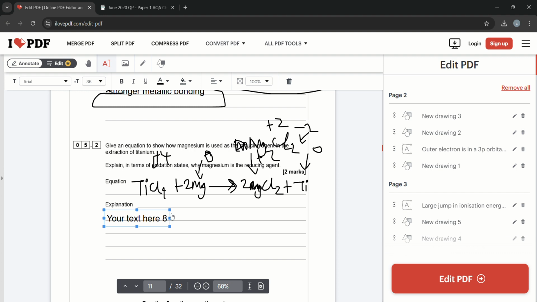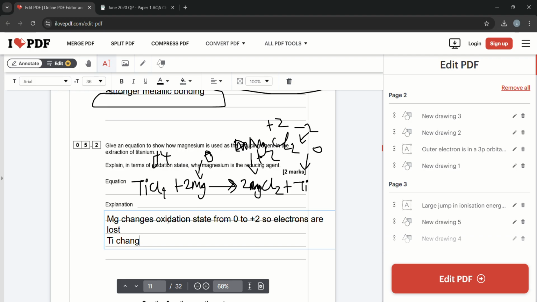And now we've got the oxidation states done. Now we can talk about it. So Mg changes oxidation state from 0 to +2, so electrons are lost.